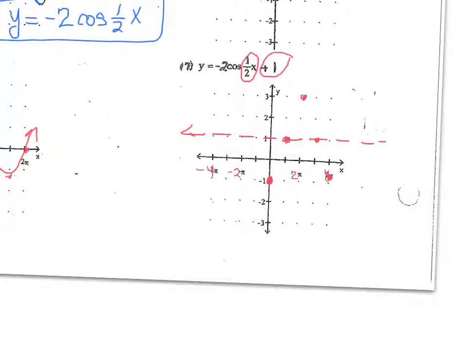To the left side, goes up to 0, 2 units up, and down to 0, and then 2 units down. And then just connect those points, trying to make them parabolas. And that would be the graph.